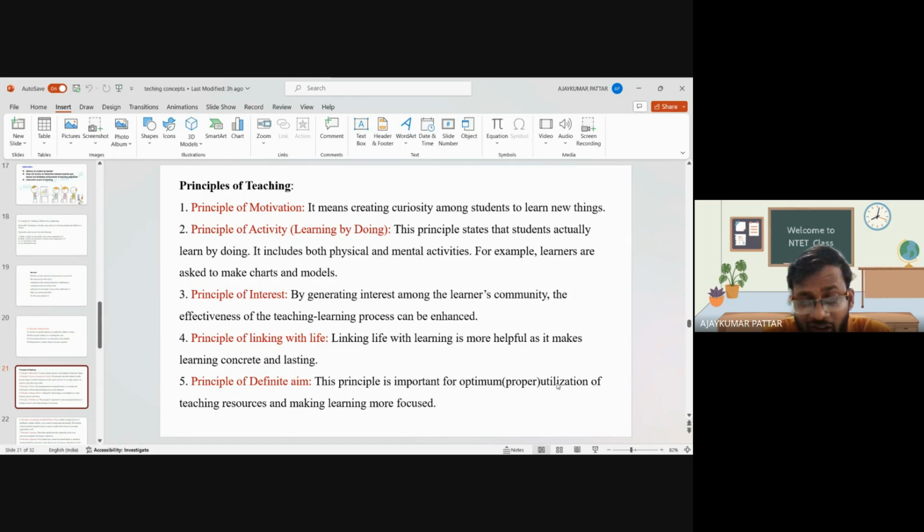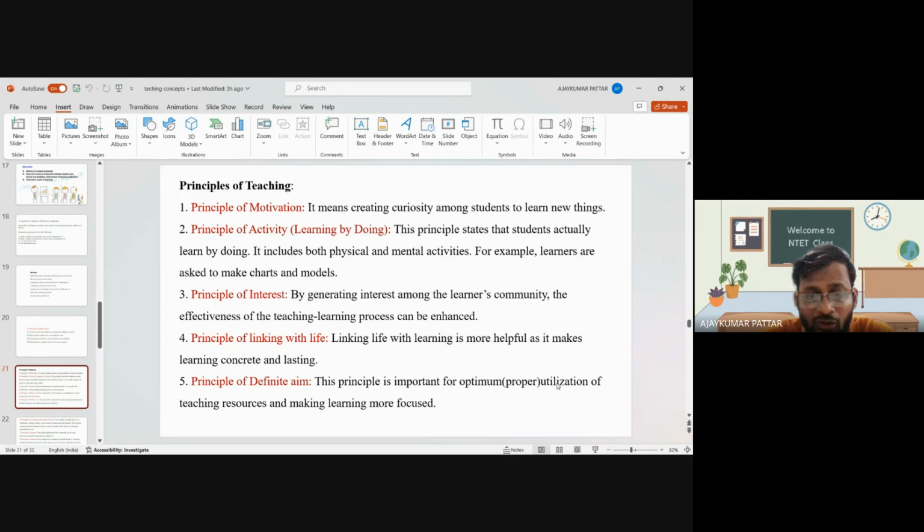We provide all the resources: good classrooms, audio video projectors, and whatever tools are needed for the teaching process. If you have them, you can use them. But if there are limited resources, we can make maximum utilization of the available resources, and we should make the teaching learning more focused. If you have models, you can use the models and teach.